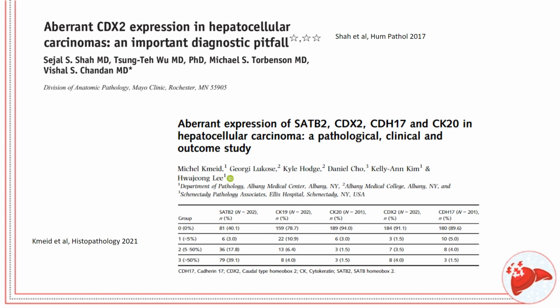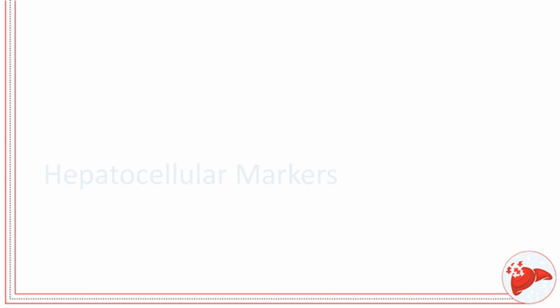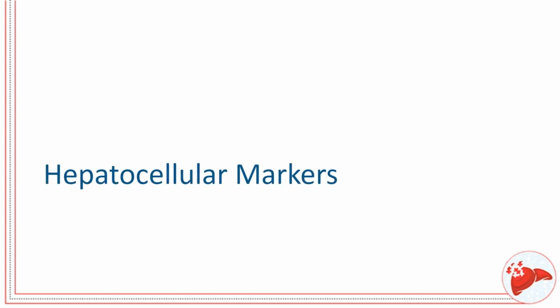And you can see here some excellent colleagues in 2021 expanded on this observation, showing that CDX2 and also other markers that you associate with intestinal differentiation can be positive in hepatocellular carcinoma. In fact, CDX2 is positive in almost 4% of hepatocellular carcinomas in a diffuse way, meaning more than 50% of the cells, but CDX2 can be positive to more limited degrees in additional percentages of hepatocellular carcinoma. So you need to be aware of over-relying on CDX2.